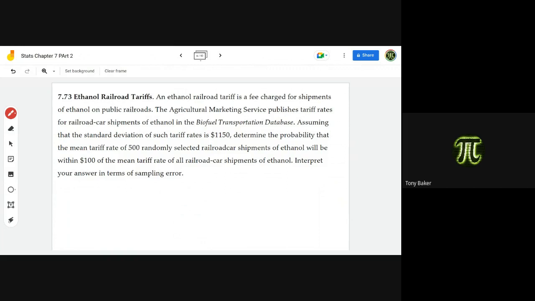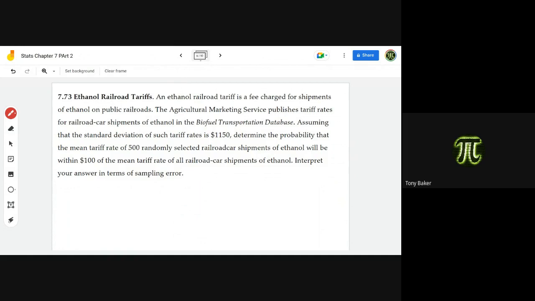So let's do this one. Ethanol railroad tariffs, which I didn't know existed, but apparently they do. Does everybody know what a tariff is? It's just a charge that they charge to do something.